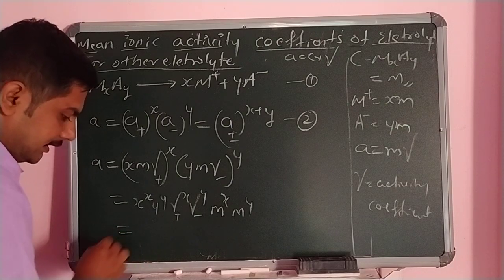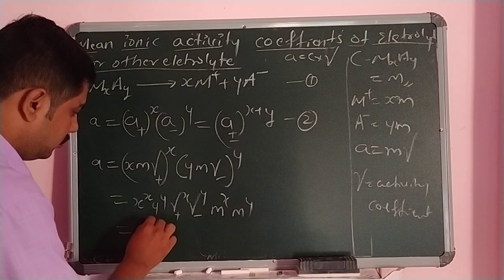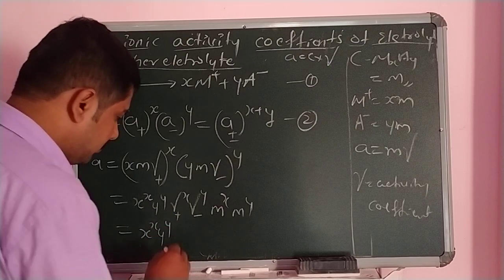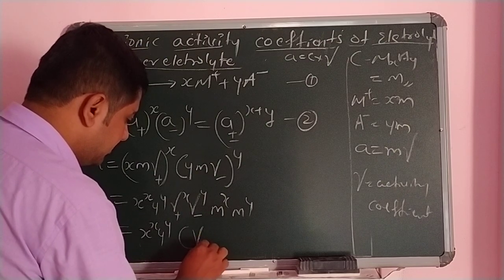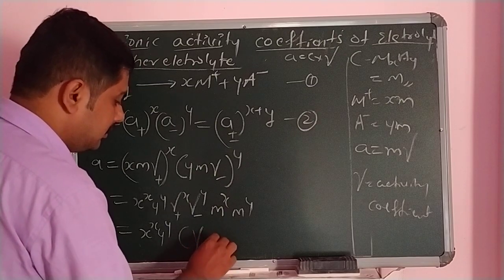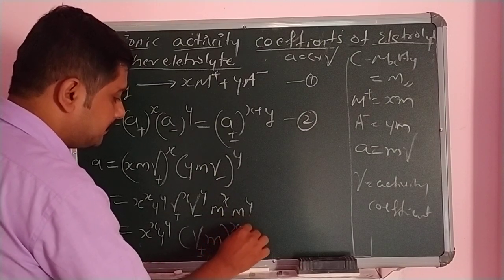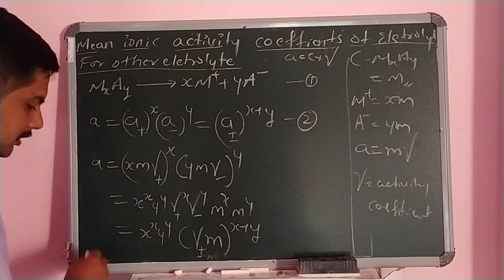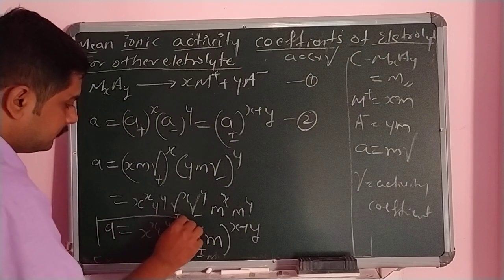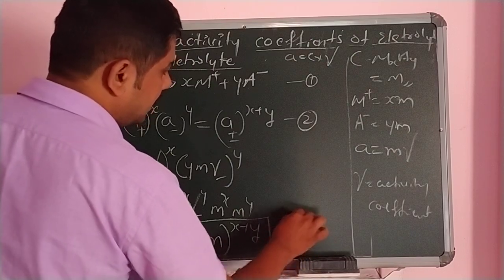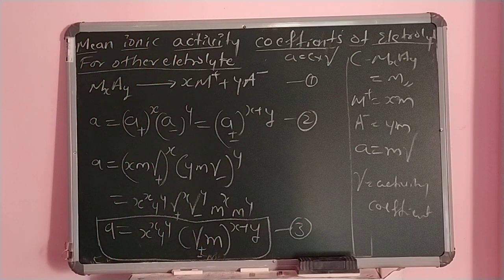So finally, x raised to x, y raised to y. Now remember I am considering the activity coefficient plus or minus and m into m to the power x plus y according to the mathematical expression. Now this is equal to the activity. This is equation number 3. So this is the activity.